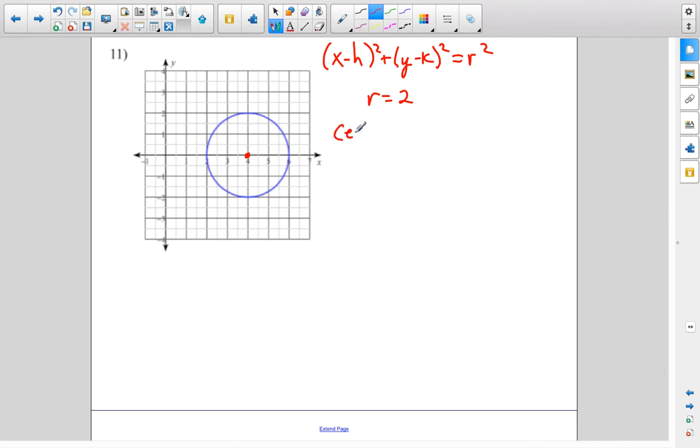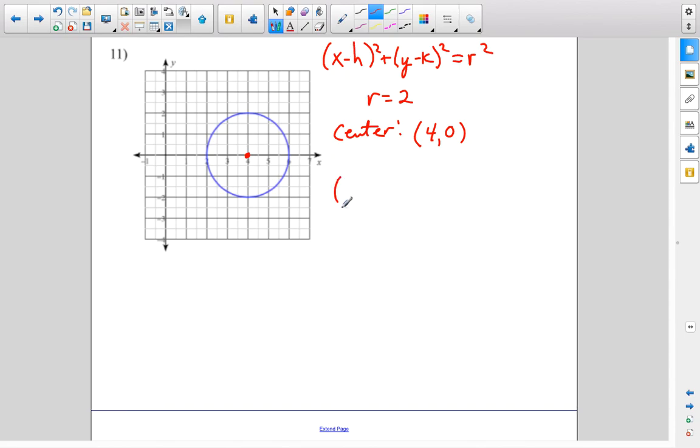And my center, let's write this down first, is at 4. And let's see, am I right on the axis? It looks like I am. So 4 to the right, and I did not go up. So let's put that into our equation now, the equation of the circle.